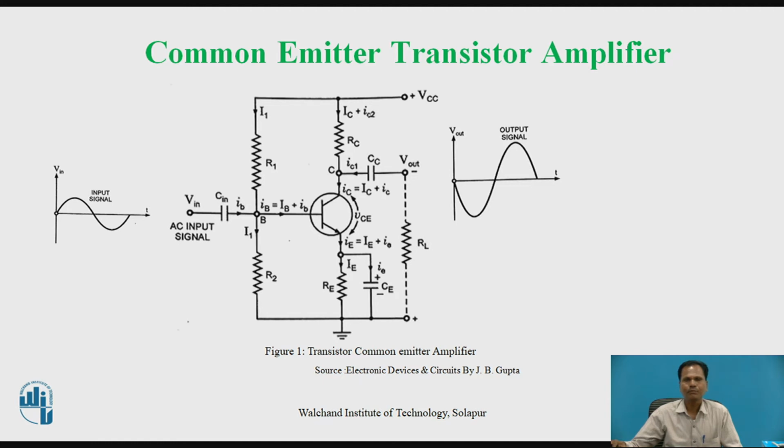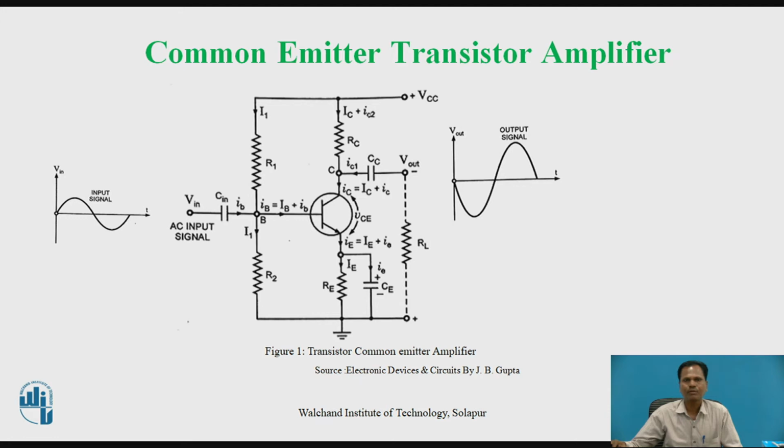The input current is the base current IB, the effective input voltage for the transistor is the base to emitter voltage VBE, and the output voltage of the transistor is the voltage at the collector with respect to emitter, that is, the collector to emitter voltage VCE. The amplified output voltage is given to a load resistor RL.